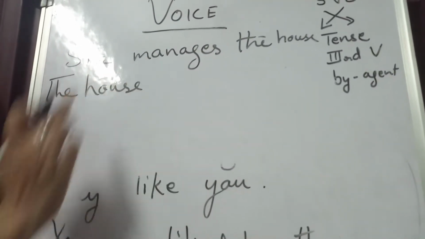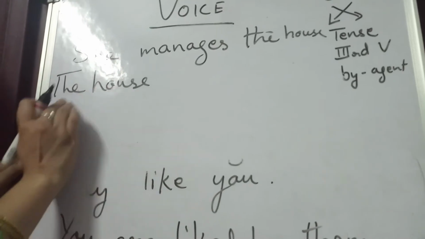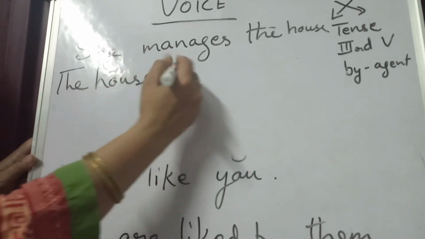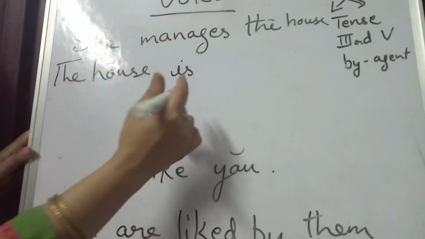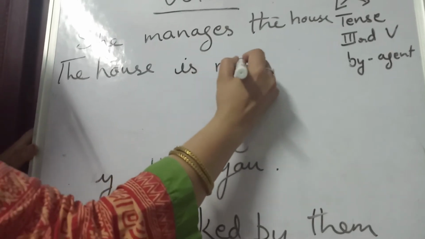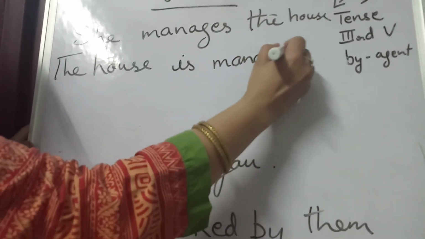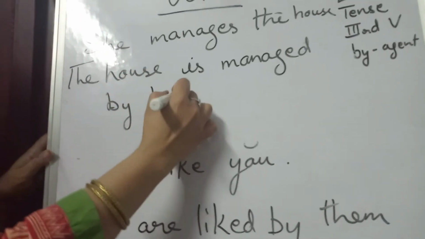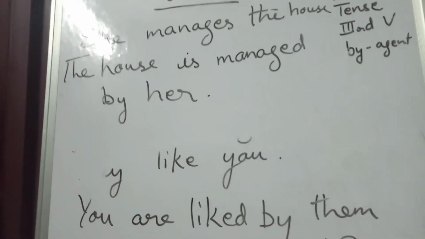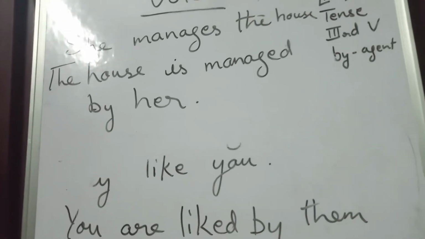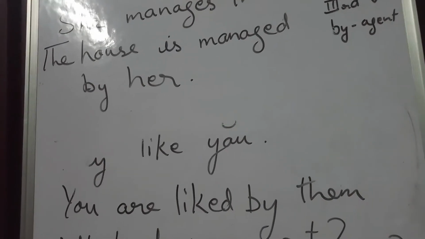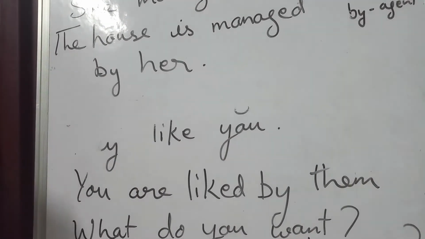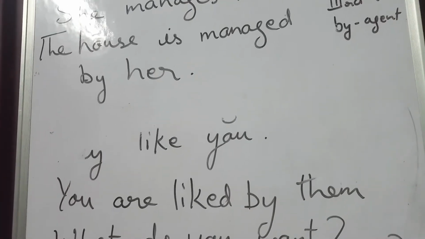We are talking about the present. For this, it is singular, is, third form of manage, managed by, she becomes her. The house is managed by her. I suppose I'm able to justify the simple present tense.